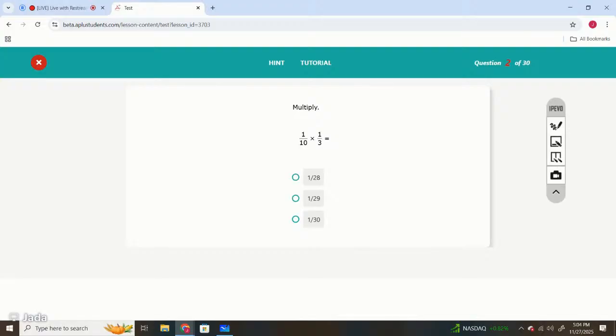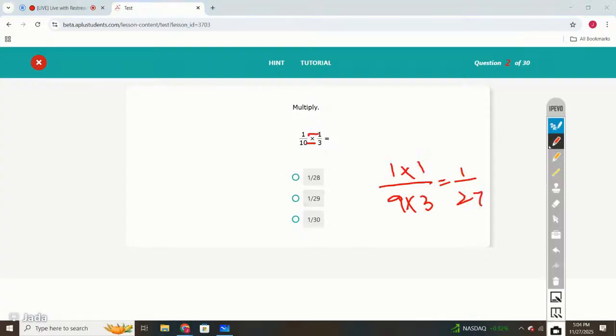1 by 10 times 1 by 3. So that is 1 times 1 and 10 times 3. So 10 times 3 is 30. That is 1 by 30.